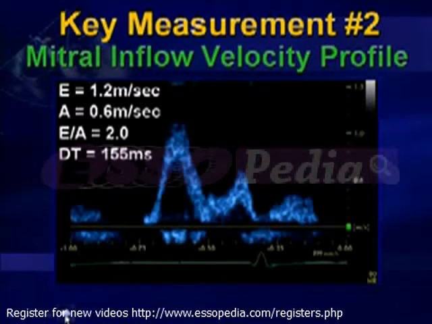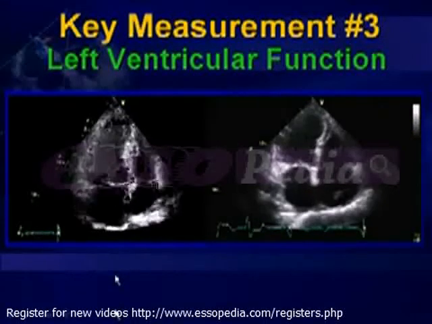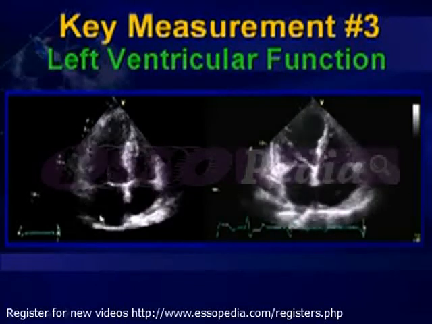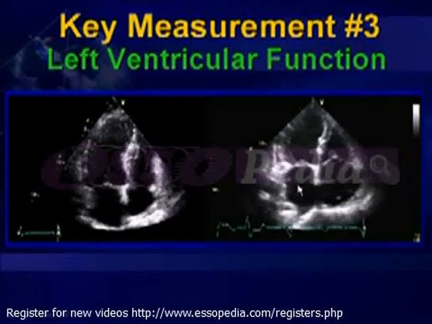Key measurement number 2 is to look at blood flow velocity profiles, in particular the mitral inflow velocity profile, characterized by the amplitude of the E wave, the A wave, and the E wave deceleration time. And key measurement number 3 is to look at left ventricular function. We look at global LV function. Is the ejection fraction normal or reduced?